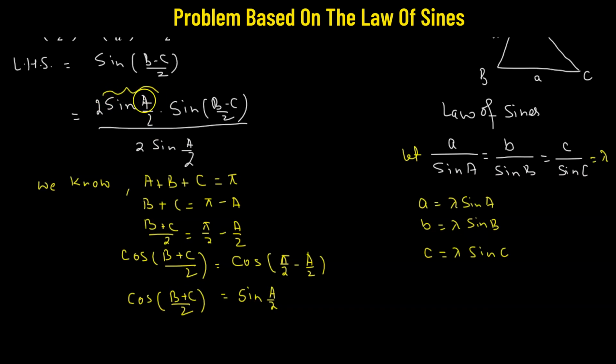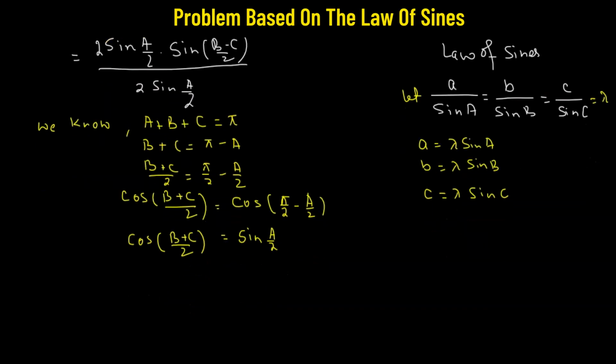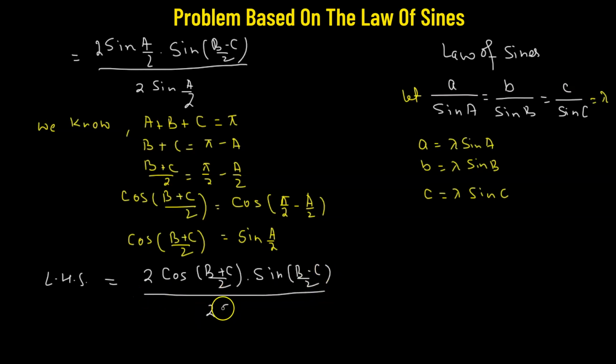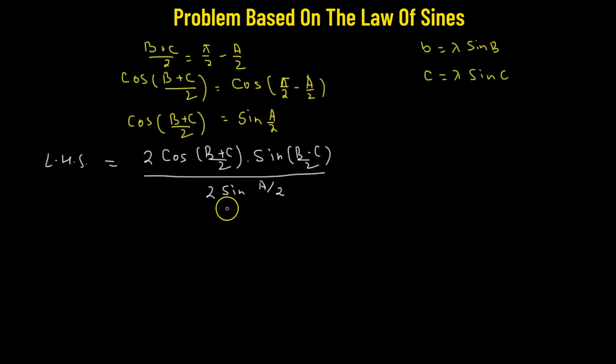So we will consider only the numerator part and replace sine A over 2 with cosine of (B plus C) over 2. That means our new left hand side becomes 2 times cosine of (B plus C) over 2 multiplied by sine of (B minus C) over 2, whole divided by 2 times sine A over 2. Why did we go through all this trouble?